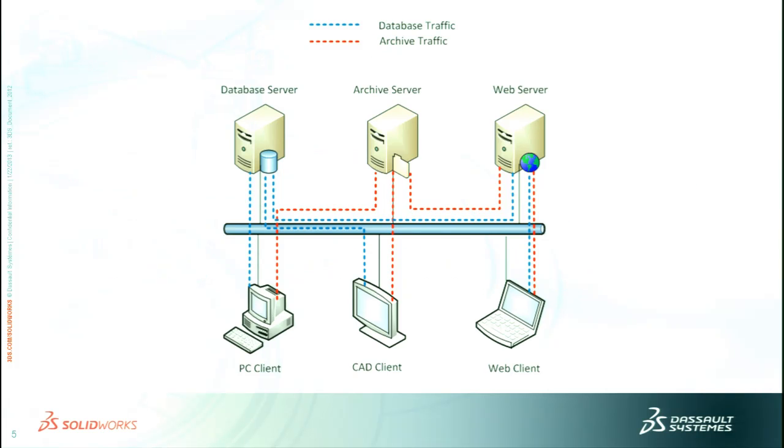This is a simple overview: the blue lines show database traffic, to symbolize that everything is talking to that SQL server on the left, including the archive server and web server. Everything goes back to that upper left SQL server, or database server, as many call it.